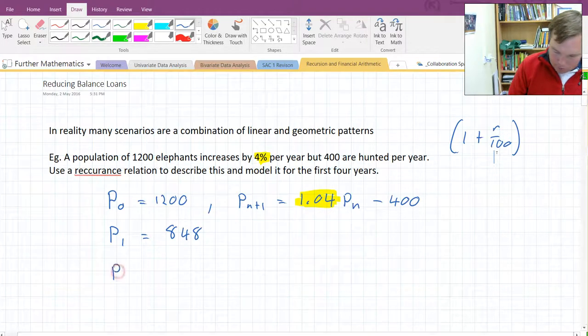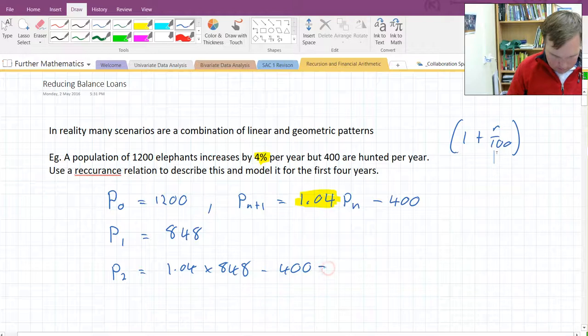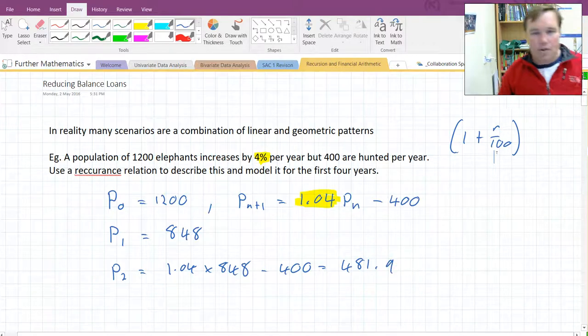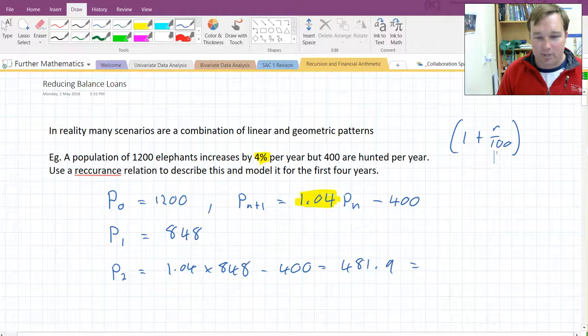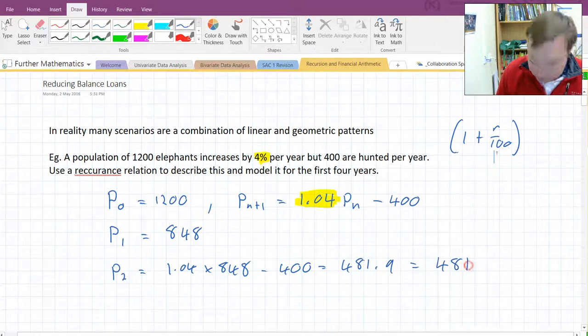So then P2 is equal to 1.04 times 848, take 400, is equal to 481.9. Really, you can't have 0.9 of an elephant. So because we haven't got a whole elephant, we'd round down to 481.